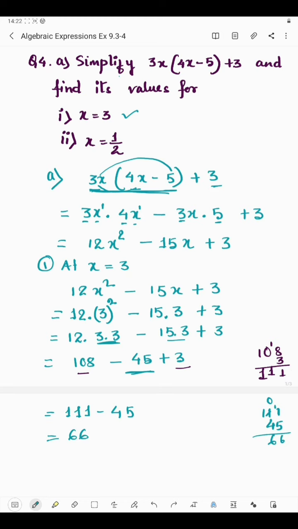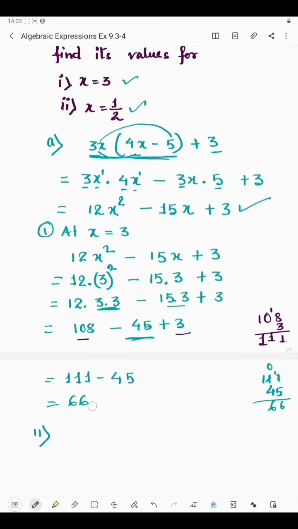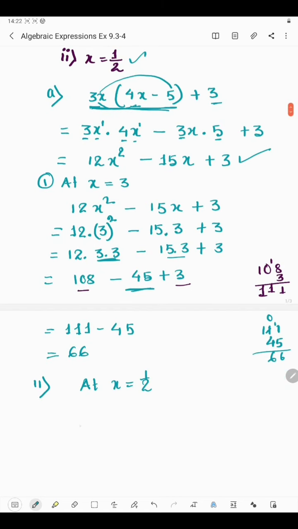Now in the second part we have x equals 1 by 2, and we will have to put this value in the same expression, 12x square minus 15x plus 3. So we will write the same expression, 12x square minus 15x plus 3.